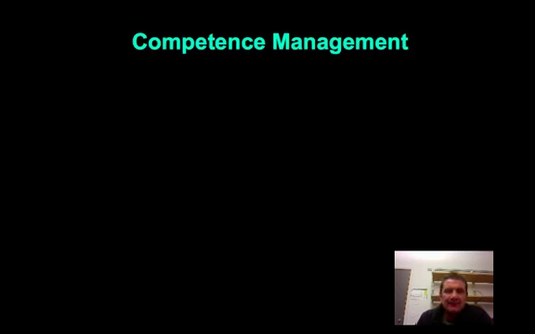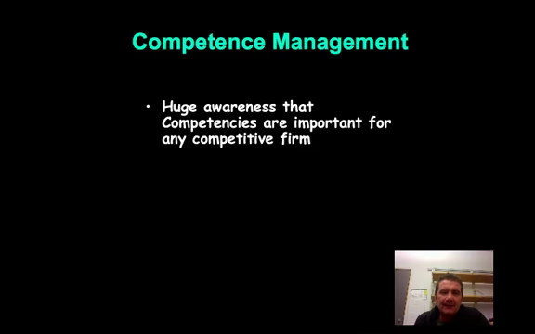So, competence management is definitely something that is of growing interest to many organizations. It's of course based on the fact that there is a widespread awareness that it's important for any knowledge-intensive firm to constantly develop and nurture the skills, knowledges and competences of its staff members.